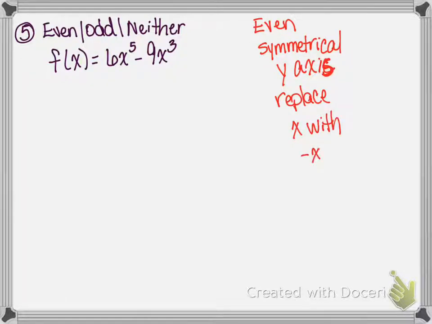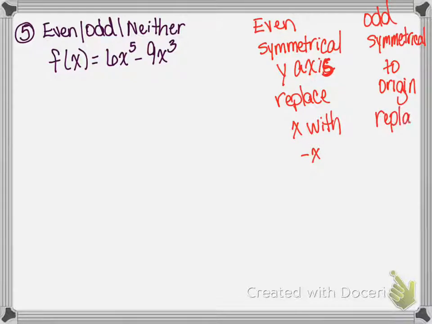Now, an odd function is symmetrical to the origin. That means I replace x with negative x and y with negative y.